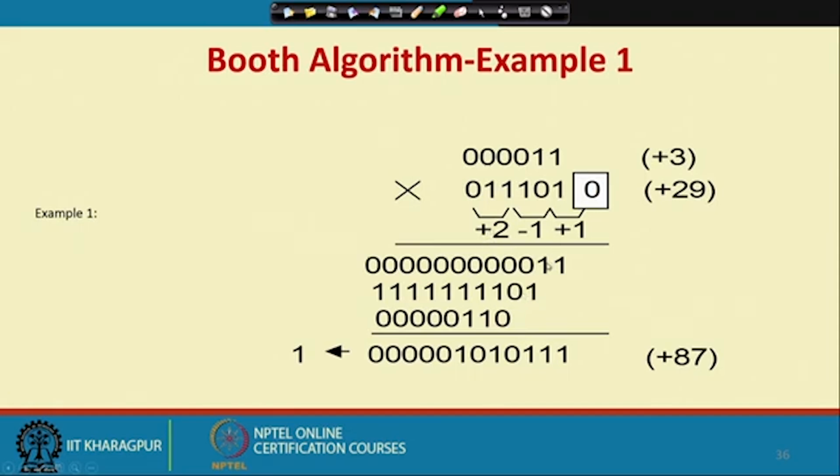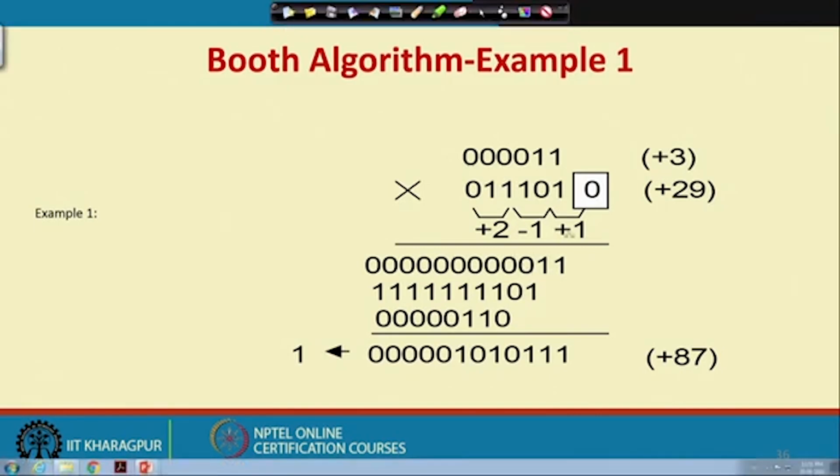So, now for positive of A, I have to write something like this, 1 2 3 4 then 1, and as this is 6 by 6 multiplication, that means total 8 bits will be there. So, the rest of the 6 bit positions will all be filled with 0 as this bit is 0 over here. For negative of this, it is the 2's complement of this number, and that will be 2 bits shifted.